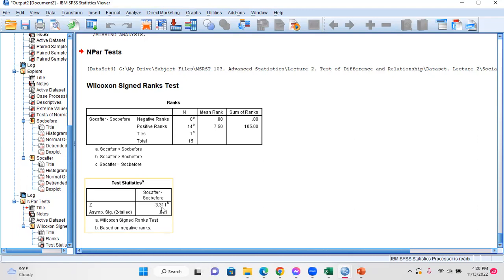To test its effectiveness, respondents' social competence was measured before and after the training was conducted. Don't worry, I will give you a copy of this PowerPoint. I-upload ko sa GC. So, ibig sabihin, there is a significant difference in social competence between before and after training. So, may significant difference siya.